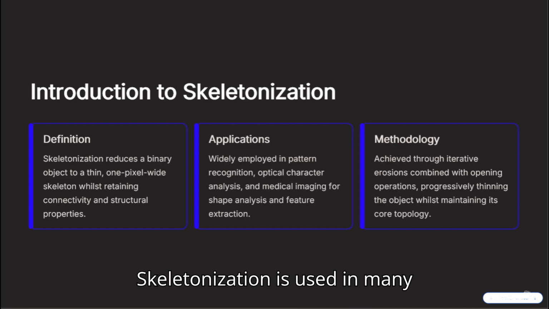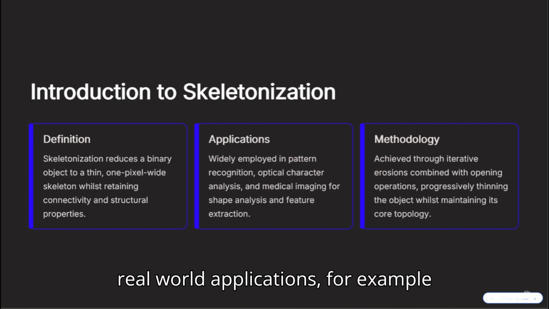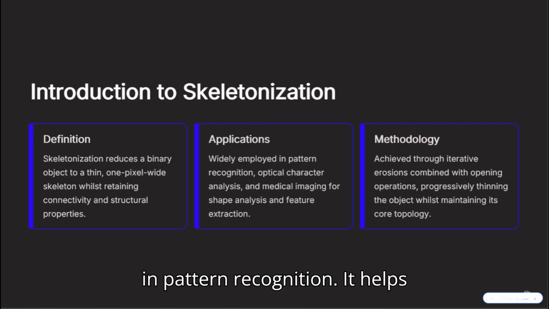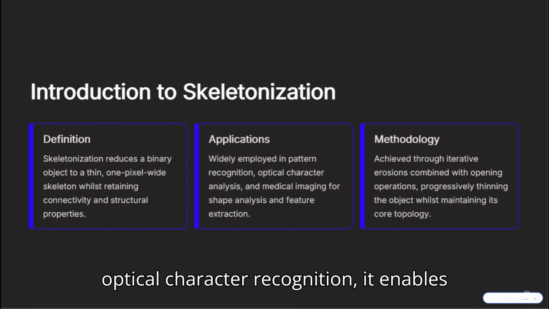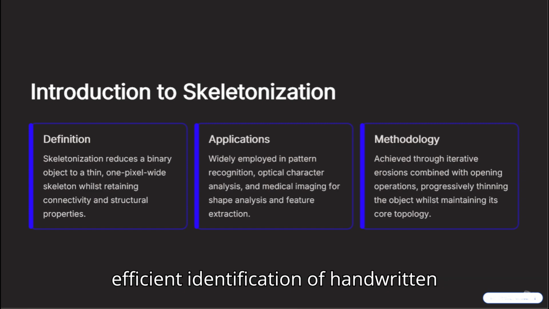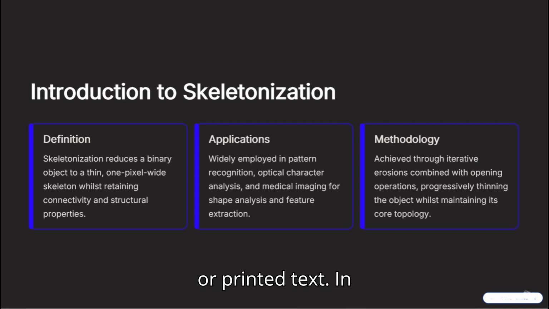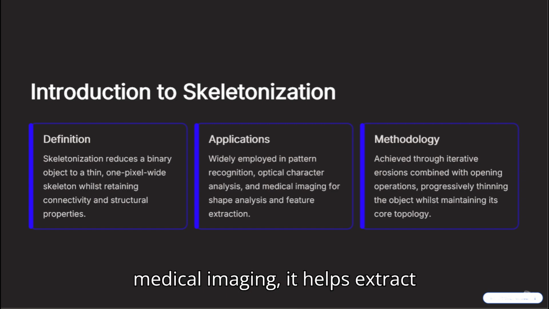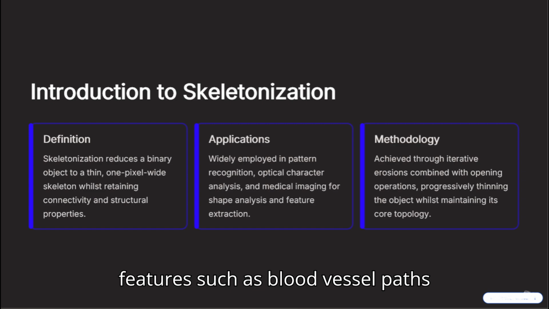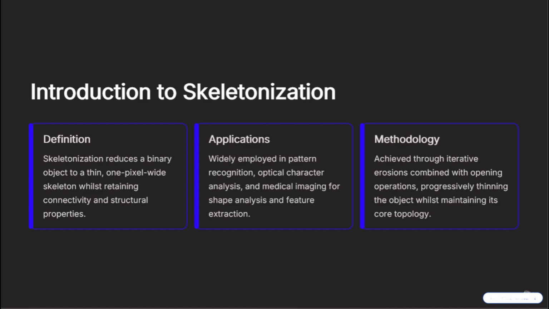Skeletonization is used in many real-world applications. For example, in pattern recognition, it helps analyze object shapes. In optical character recognition, it enables efficient identification of handwritten or printed text. In medical imaging, it helps extract features such as blood vessel paths or organ structures.